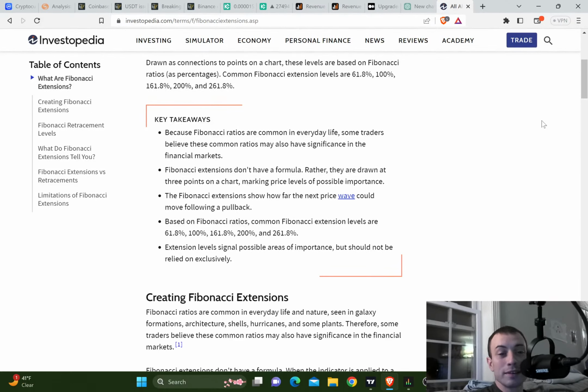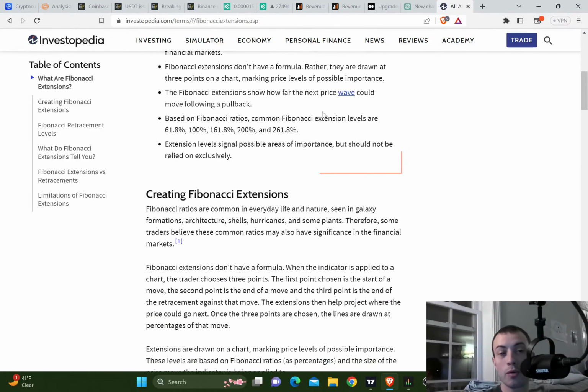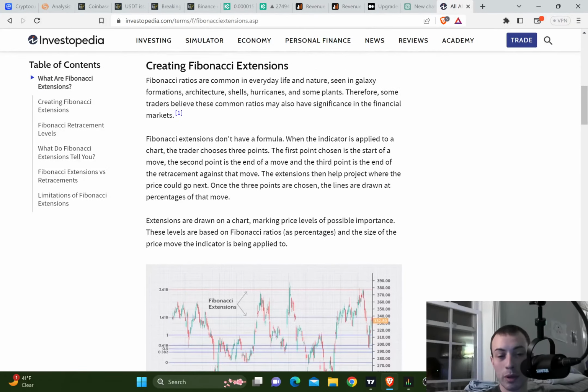Anyways, Fibonacci, just to finish this little thing off. It's based on common ratios. Common extension levels are the 61.8, one of the ones that I use, which I call the golden ratio. The 38.2 is the one that you keep hearing me talk about, and I explained a little bit why.